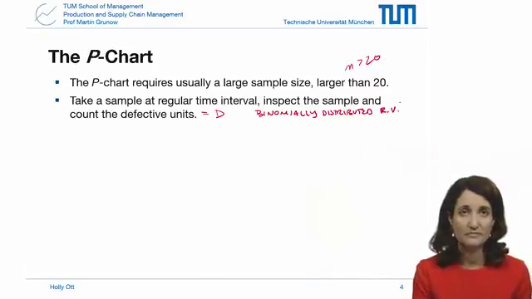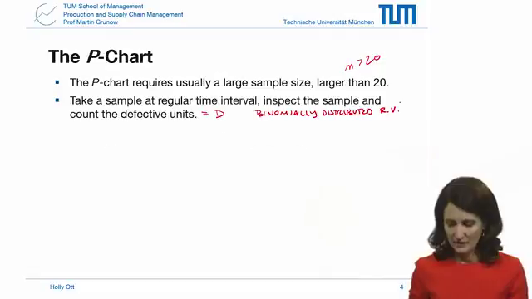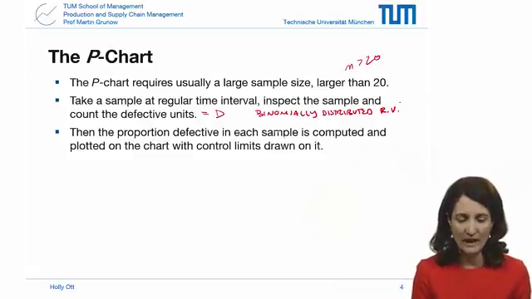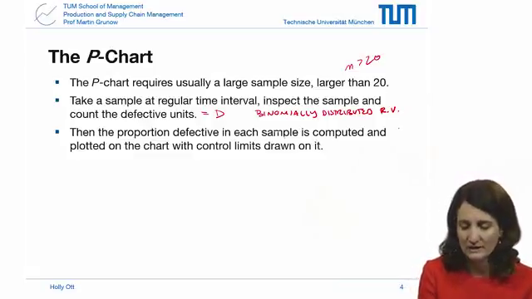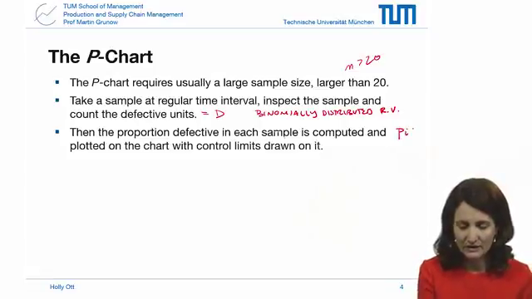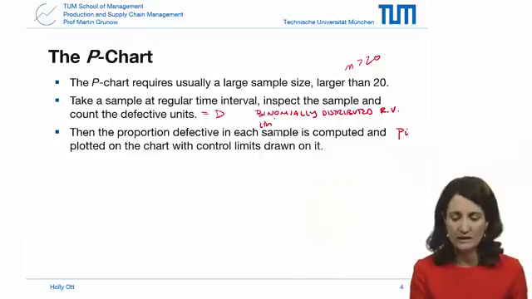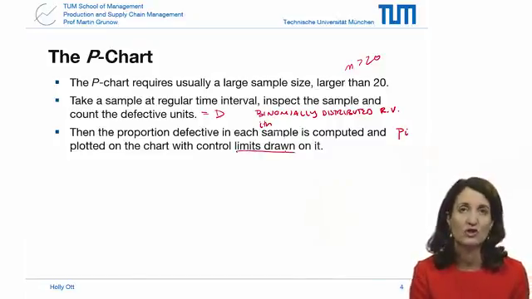The proportion of defectives in each sample is then computed, and we call this p_i for the ith sample. And we plot it in a control chart with control limits drawn on the chart.